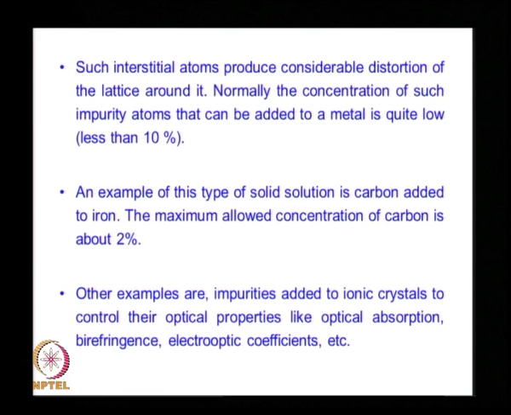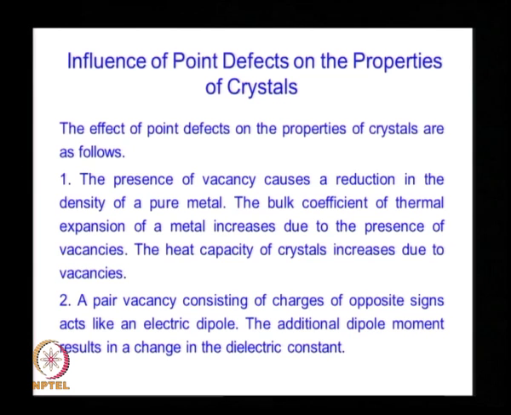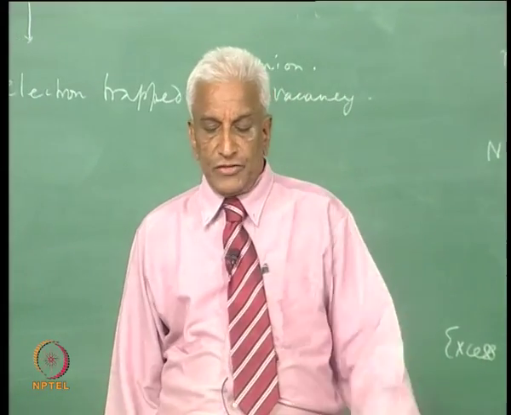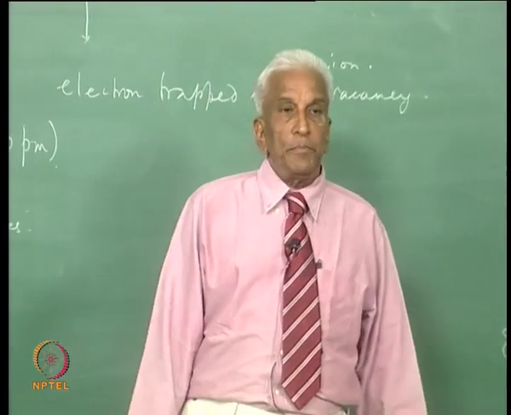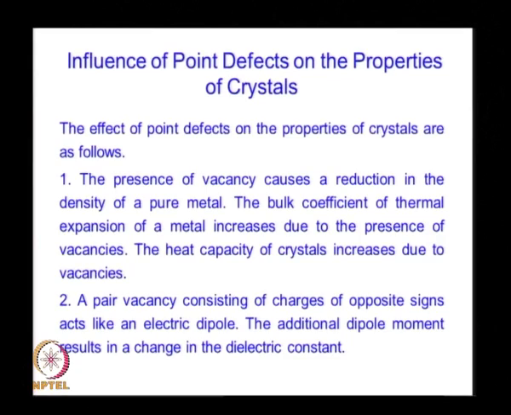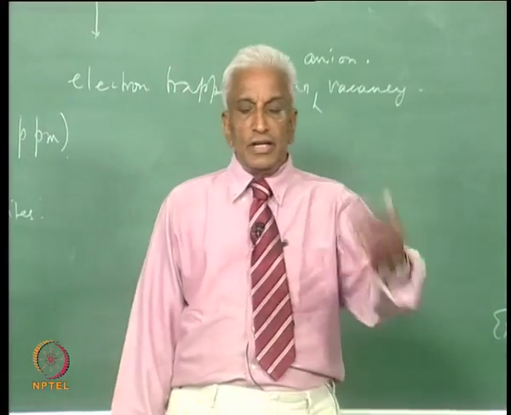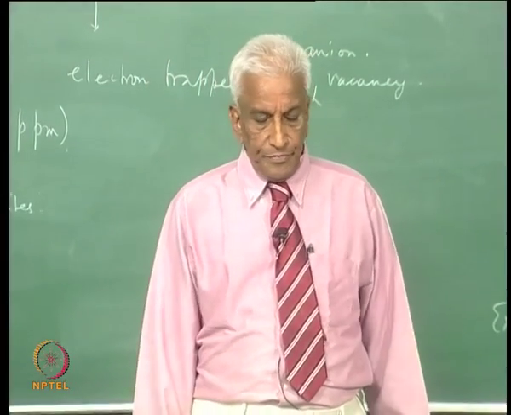So, the effects of point defects on the properties of crystals are, for example, if we have vacancies present in a solid, that means that the density will automatically get reduced, and therefore, the bulk coefficient of thermal expansion will increase due to the presence of the vacancies. The heat capacity of the crystal also increases due to vacancies.